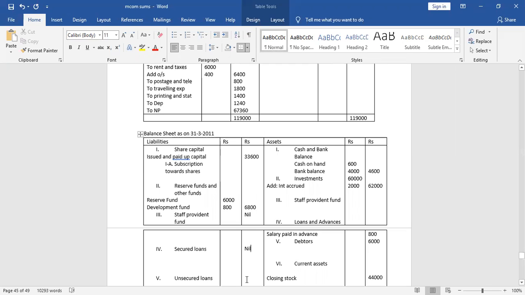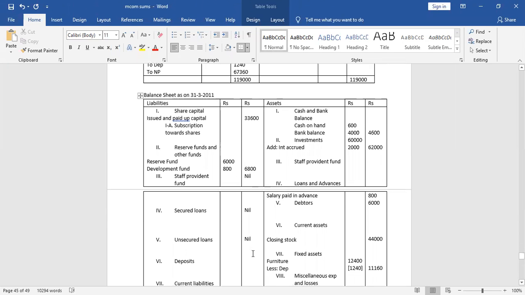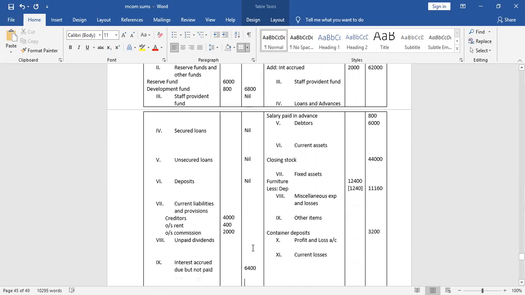Nil. Nil. Deposit also, there is no deposit. Nil. No, it is given in current liability. This is nil. This is nil.